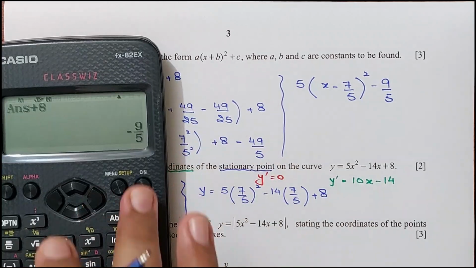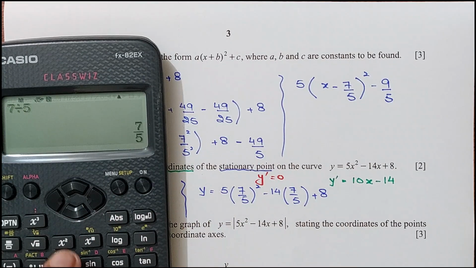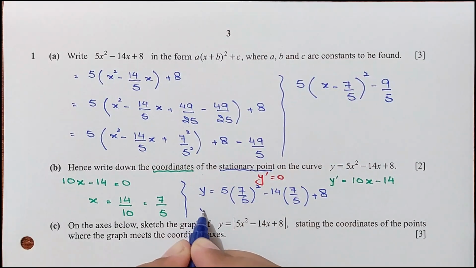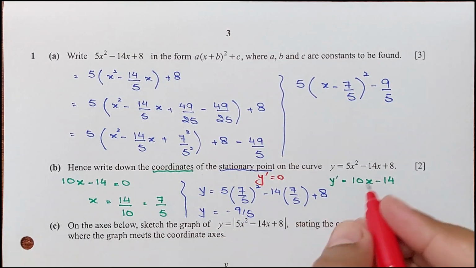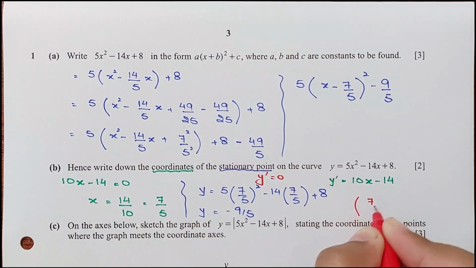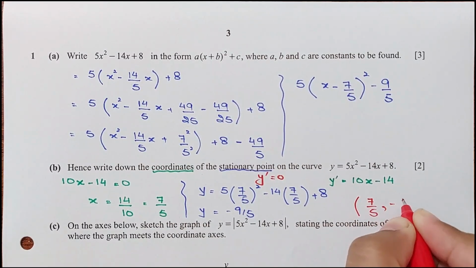So 7 by 5 square times 5, minus 14 times 7 by 5, and plus 8, which is minus 9 by 5. So the y coordinate is minus 9 by 5.